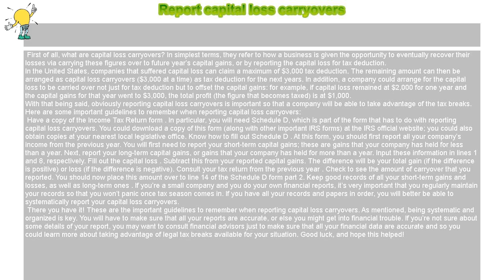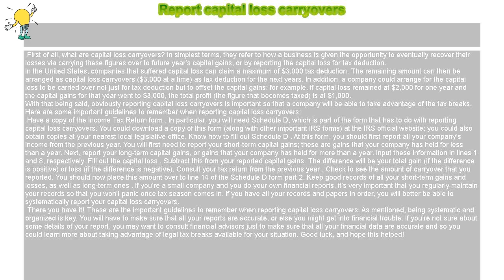Know how to fill out Schedule D. At this form, you should first report all your company's income from the previous year. You will first need to report your short-term capital gains.